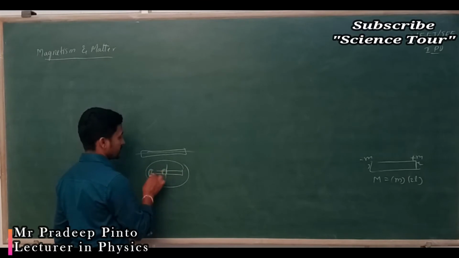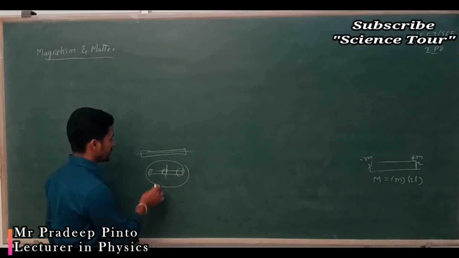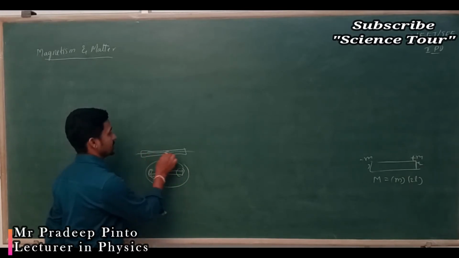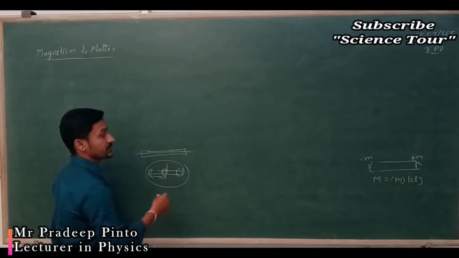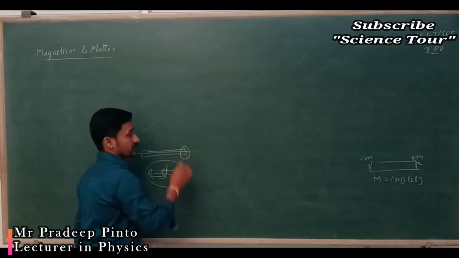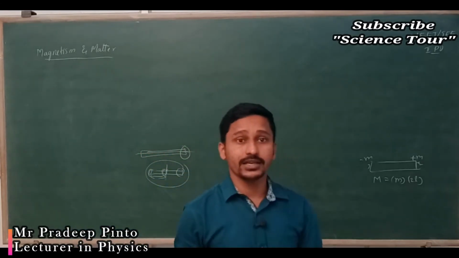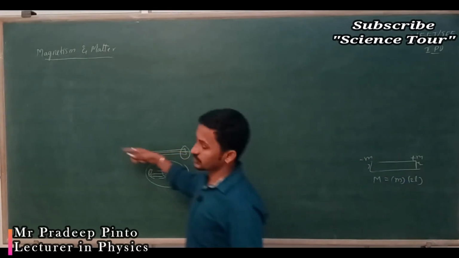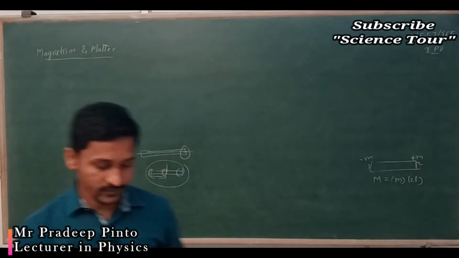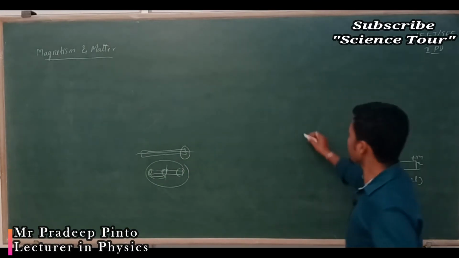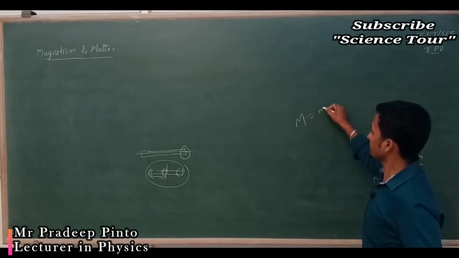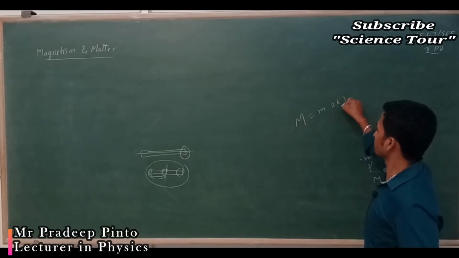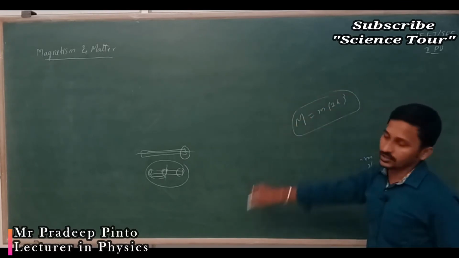So whatever new magnet forms, the magnetic moment decreases. But when cutting the other way, the magnetic pole strength reduces, because the area of that magnet is going to reduce. So generally we write magnetic moment equal to m into 2l, where m is the magnetic pole strength.